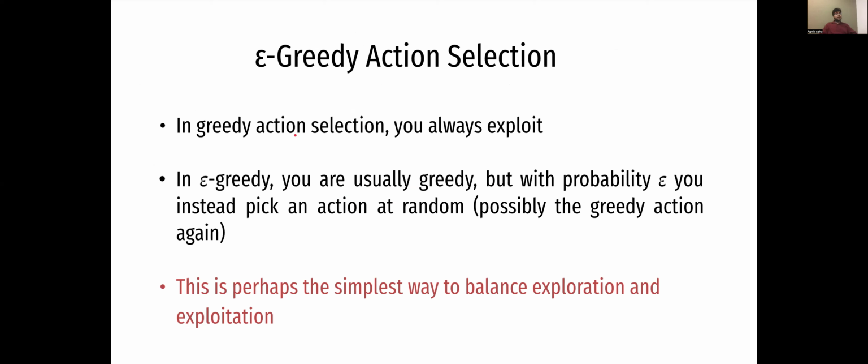This is epsilon greedy action selection. What is the problem in greedy action selection? We always exploit. First we explore and then we choose the best. This is the fixed exploration period plus greedy. But in epsilon greedy, you are usually greedy. With probability epsilon, you instead pick an action at random, possibly the greedy action again. This is perhaps the simplest way to balance between exploration and exploitation.